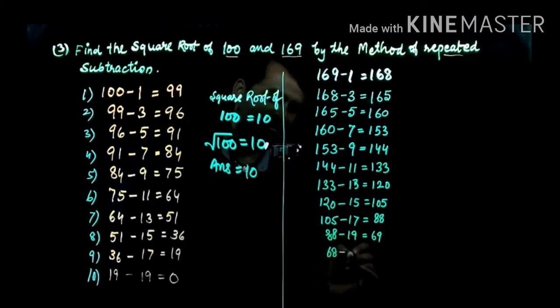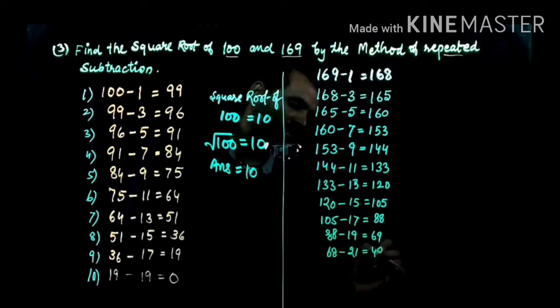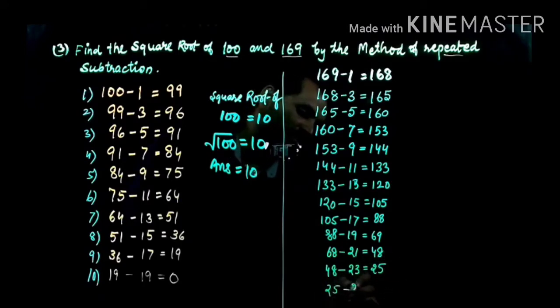And 69 minus, after 19 is 21, 21 gives 48. 48 minus 23 is equal to 25. And 25 minus 25 is equal to 0.